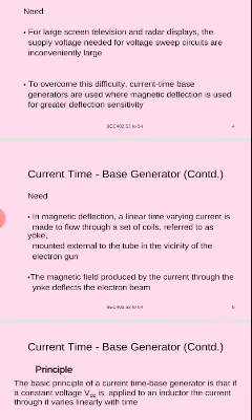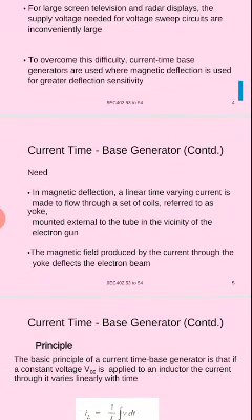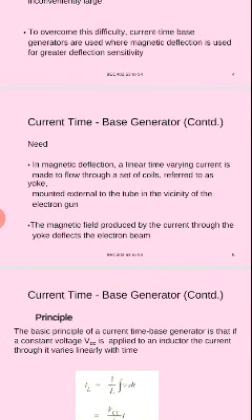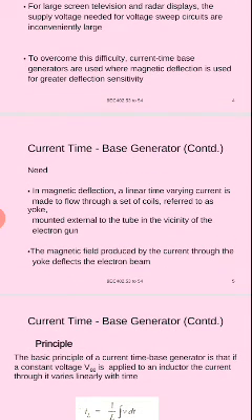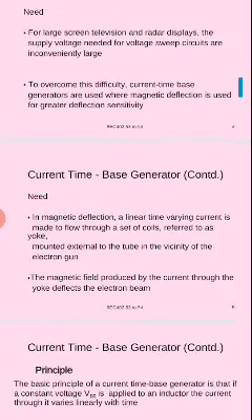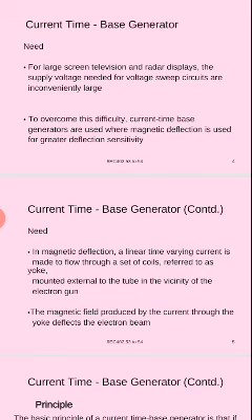In the TV, in the picture tube, there will be two coils called the yoke. For that yoke to deflect the electron beam, we should give the current time base generator output to those yoke coils to deflect the electron gun.